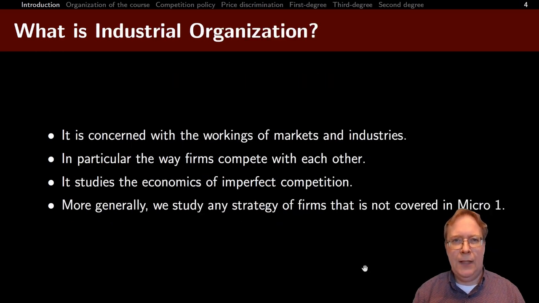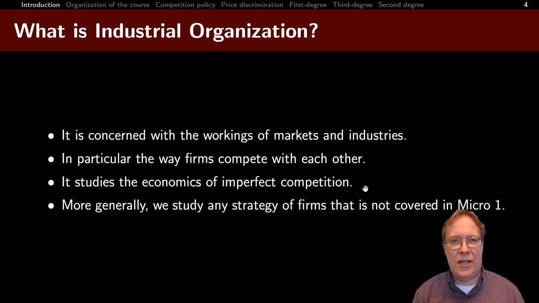Okay. Brings us to the name of this course, industrial organization. So what is industrial organization? Well, first of all, it is, as most of microeconomics, concerned with the workings of markets and industries, and in particular with the way that firms compete with each other. It studies the economics of imperfect competition.